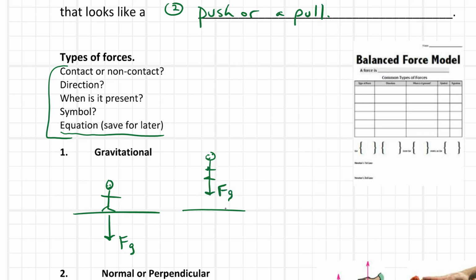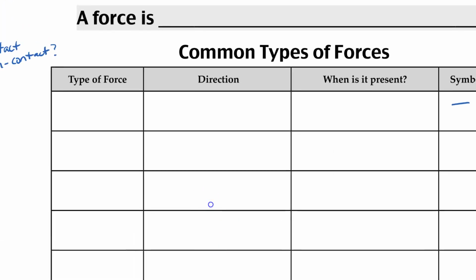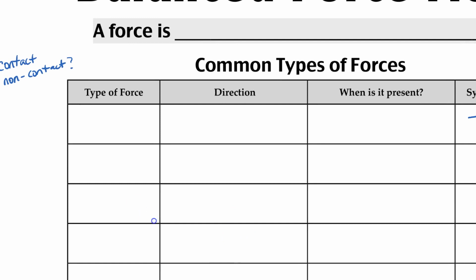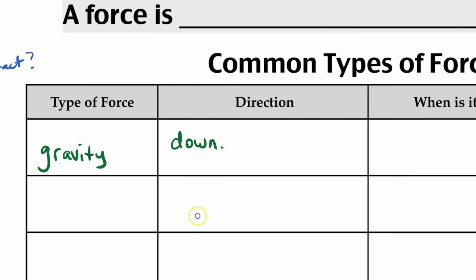So I'm going to go back to the sheet over here, and I'm going to fill this first one in, and I'm going to say the type of the force that we have here, I'm going to call it gravity. For the direction, we can just say down. Or I guess better we could say, towards whatever planet you are on.